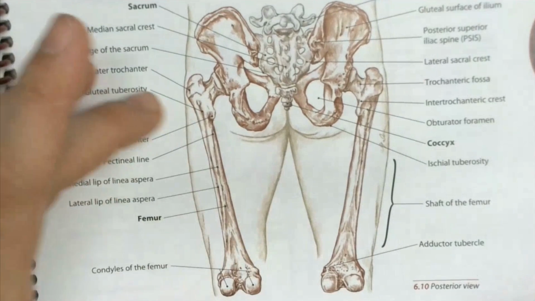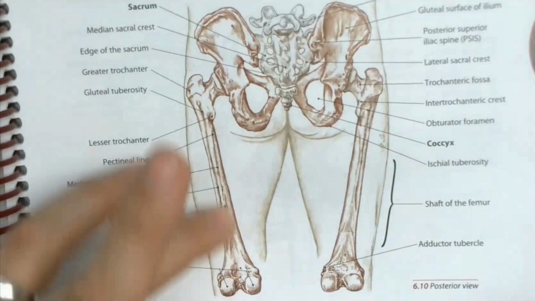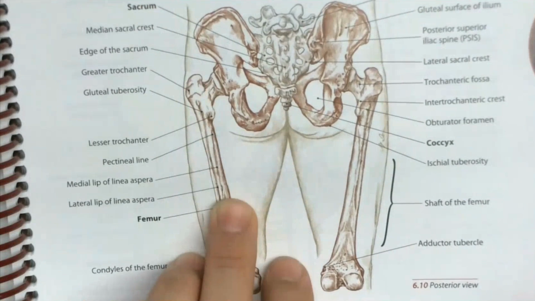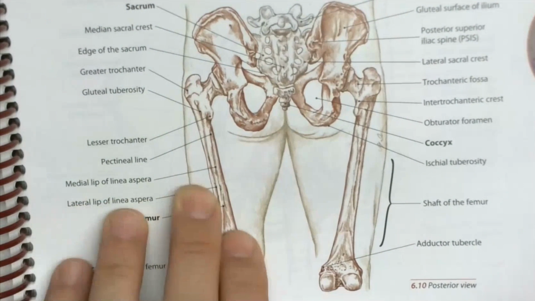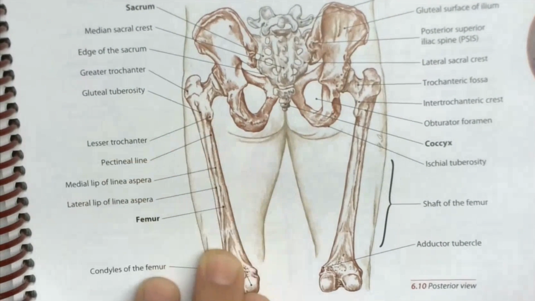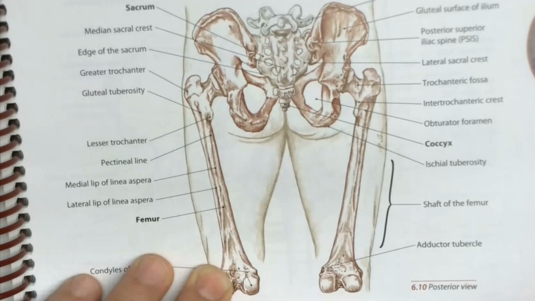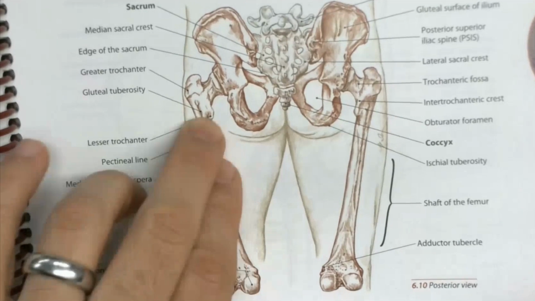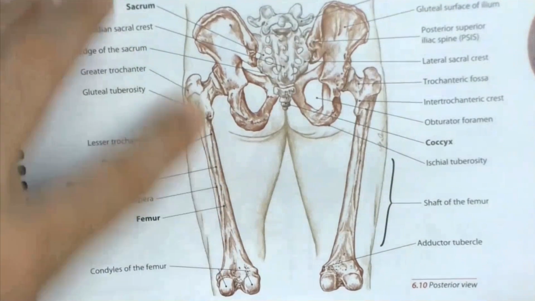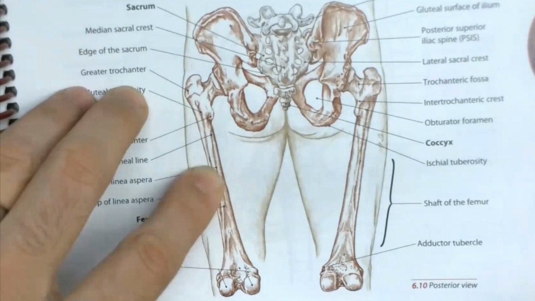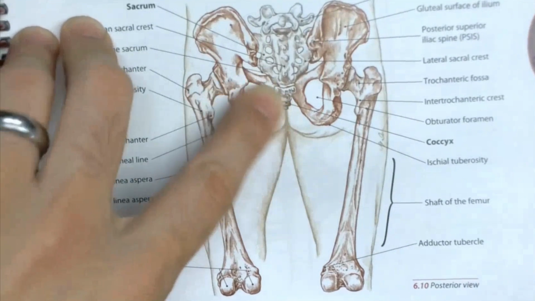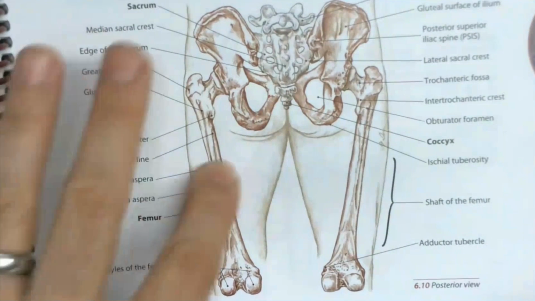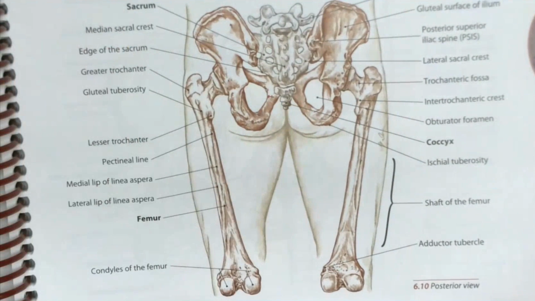Then we'll see that on the back of the femur, there are lots of lines. One notable line is the linea aspera, because muscles attach there. It's the line on the back of the leg close to the glutes, in that region or area. So the linea aspera is right there.